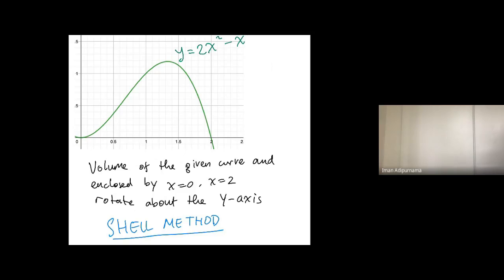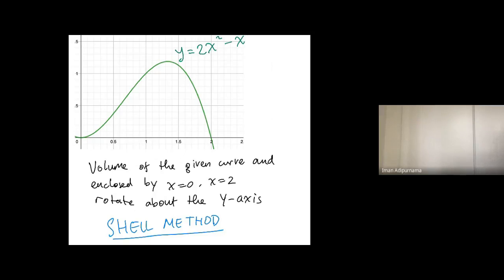Our definition for the area is already f of x dx, right? So we find the area here, all the area. But the volume is actually the integration of the area itself, and the area is by the function itself. So actually we are already doing the area inside the volume.